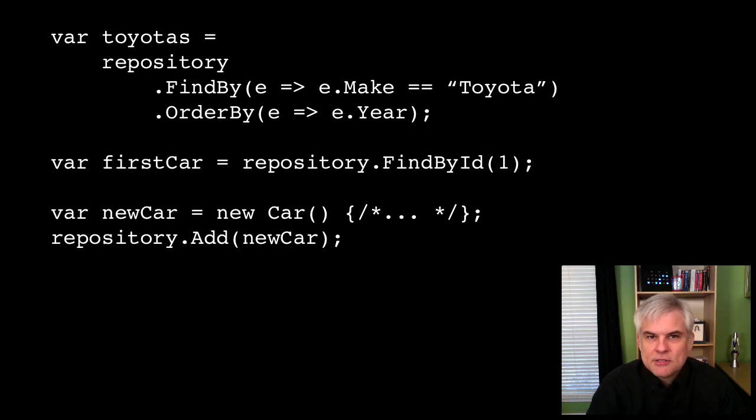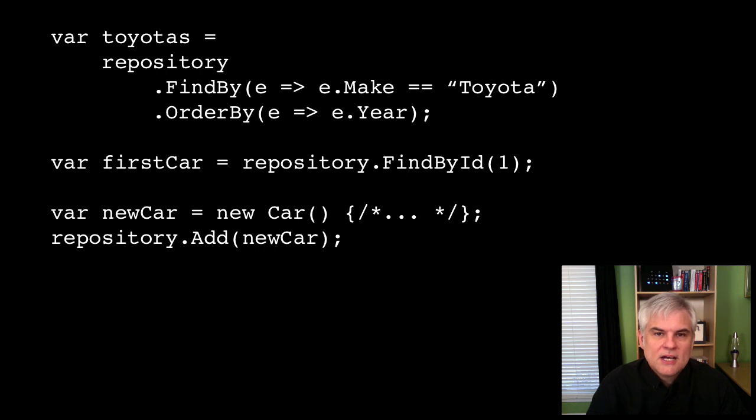Here's another example using the ICarRepository of Car methods that were defined. Here, var firstCar equals repository dot FindById, passing in the number 1. All right, and then just an example of how to use the add functionality. var newCar equals new Car.